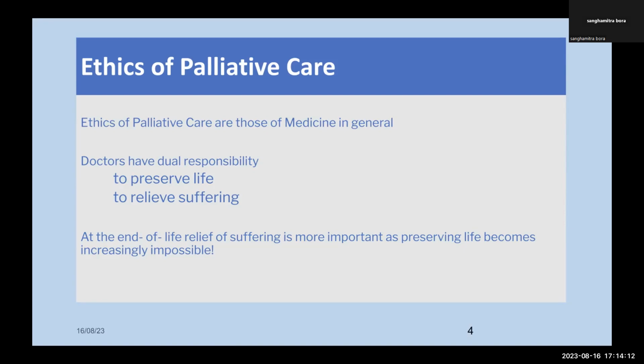We need to counsel the family, or facilitate this acceptance for the patient's family also, and then focus solely on relieving the suffering of patients who are in an incurable stage.